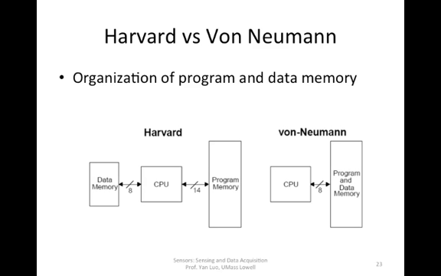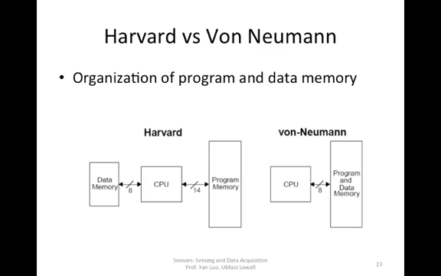When this processor operates, it's going to load instructions from the program memory, decode them, execute them, and use the data from data memory. On the other hand, Intel Atom and any recent Intel processors follow the von Neumann architecture, where the program and data are stored in the same memory subsystem.